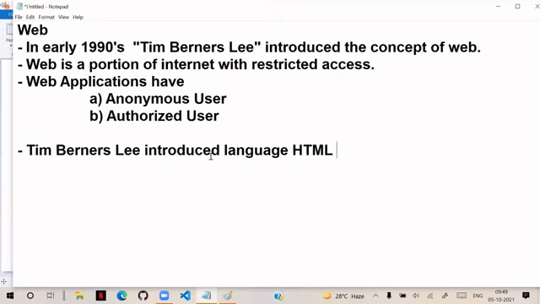But generally, Tim Berners-Lee introduced two things. He introduced the concept of web and he introduced the concept of HTML. Actually, HTML is hypertext markup language. Hypertext markup language. What does that mean? I will tell you. One simple point I will show you here.